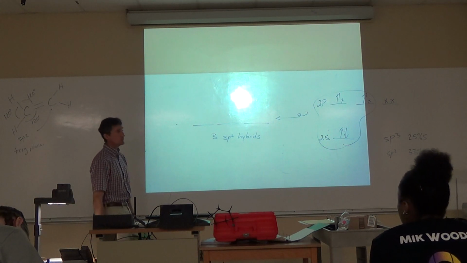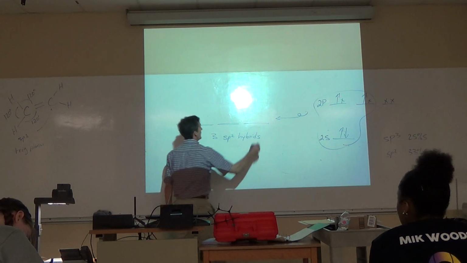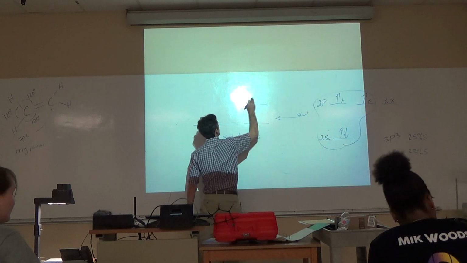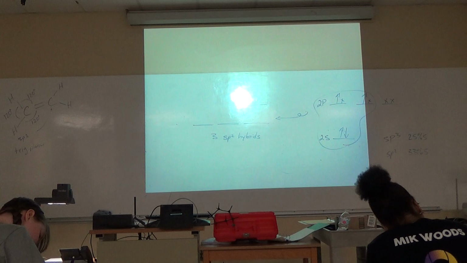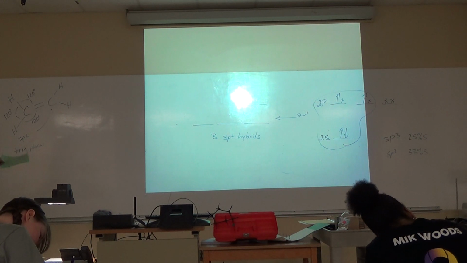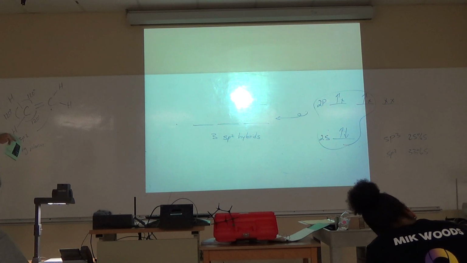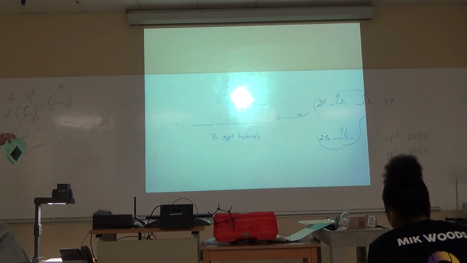But importantly, what is left over that never went into the blender? A p orbital here, right? It never was hybridized. How many p orbitals did we have in the previous example, sp3, after we hybridized? We had 0 because all the originals went into the blender.